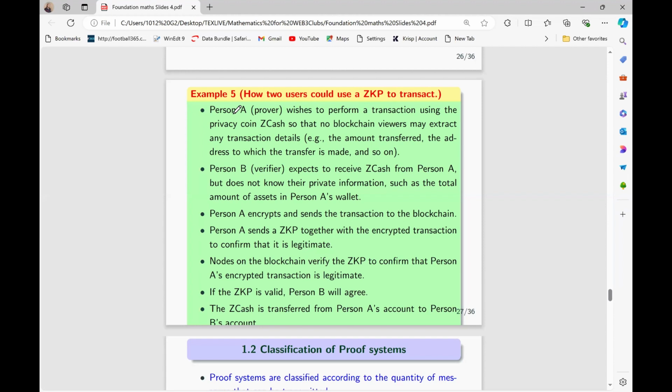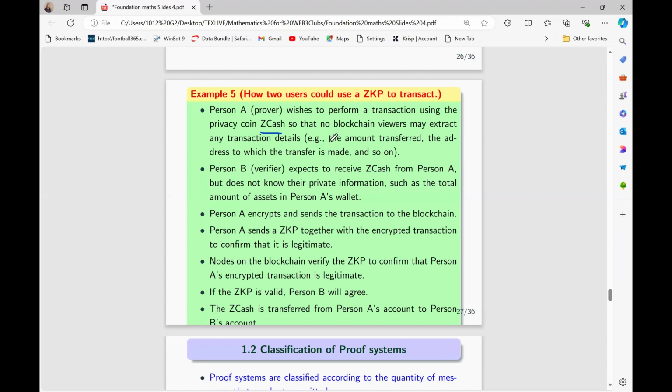So I have two persons here, person A and person B. Person A is the one that wishes to perform a transaction using Zcash, so that this transaction is zero knowledge proof, such that the viewers on the blockchain may not see the details of the transaction. You know that there are people on the blockchain who are also viewers there. They're not supposed to see the details of the transaction that person A is making.